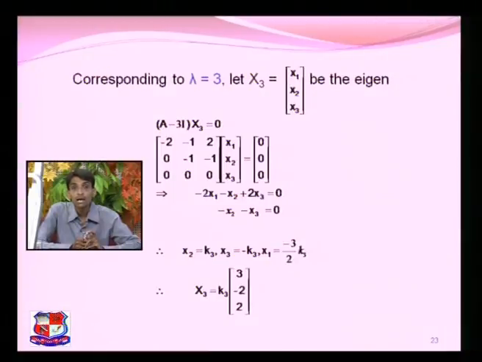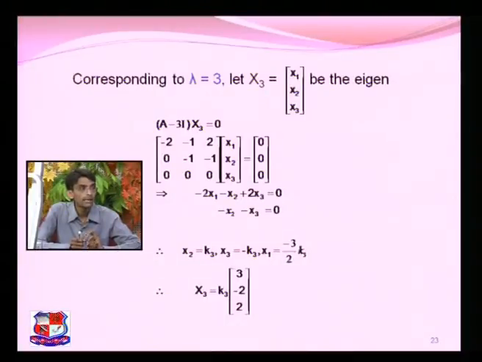So we have now only two non-zero rows, so we will get only two equations from here. The first one is -2x1 - x2 + 2x3 = 0, and the second one is -x2 - x3 = 0.